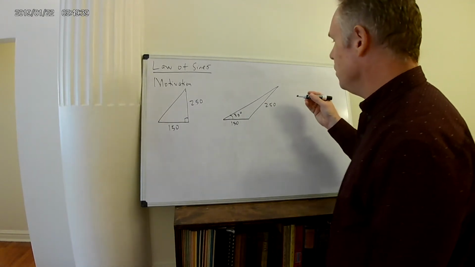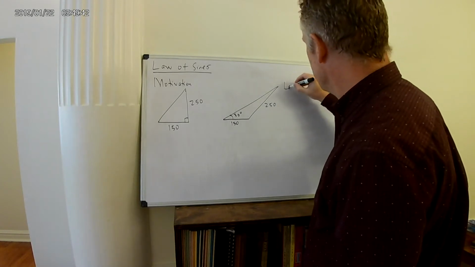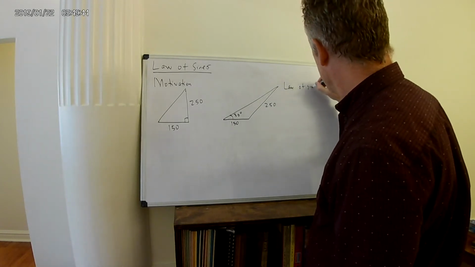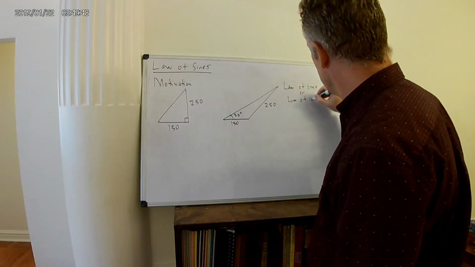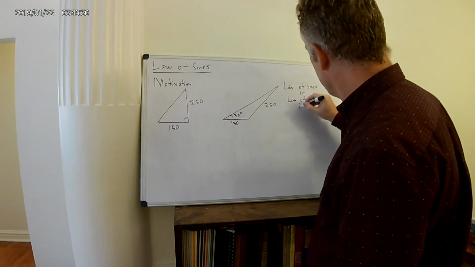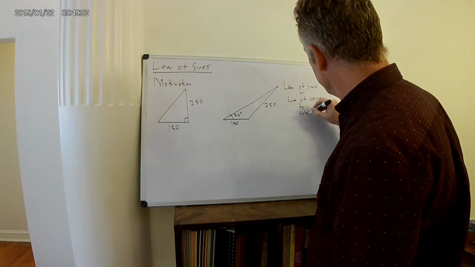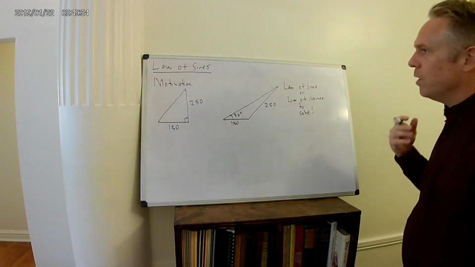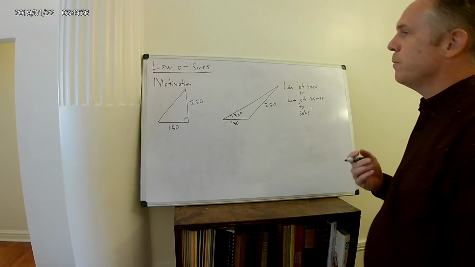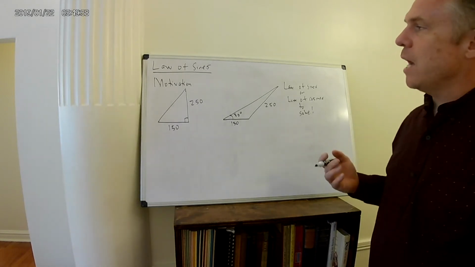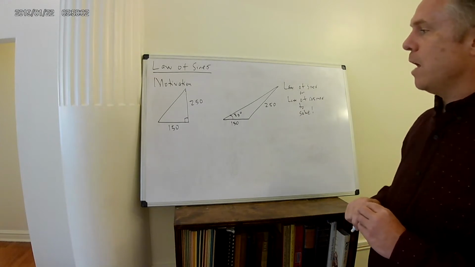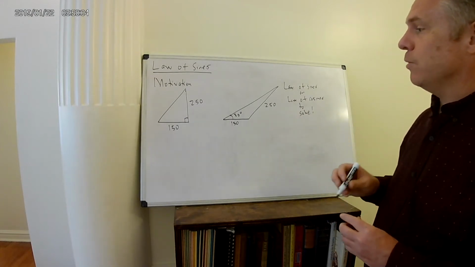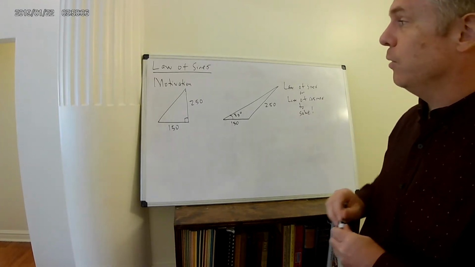So in this case, we need to use either the law of sines or the law of cosines to solve this triangle. Okay, so the point of the next couple days is we're going to be learning about the law of sines and the law of cosines, and we'll be learning how to solve triangles that are non-right triangles. How do we solve these triangles for every angle and every side?